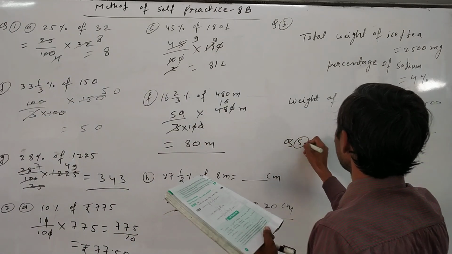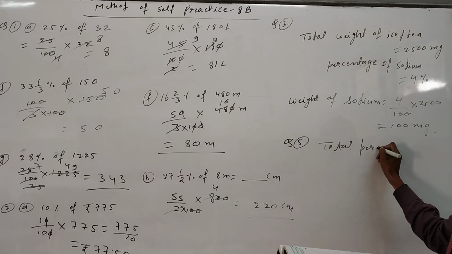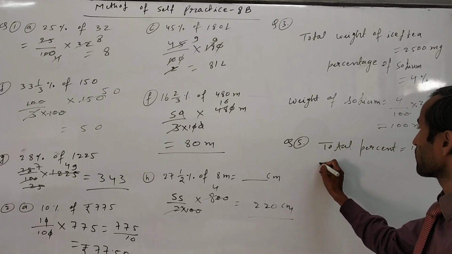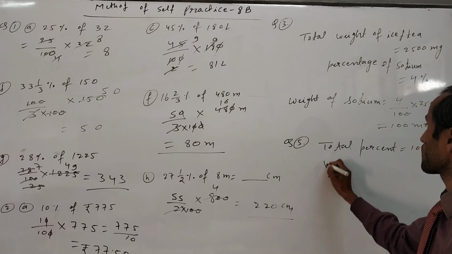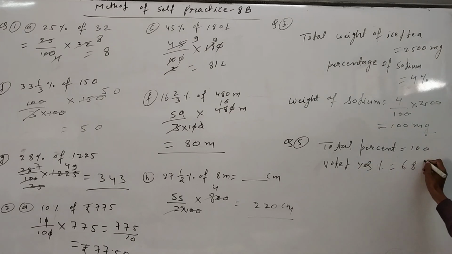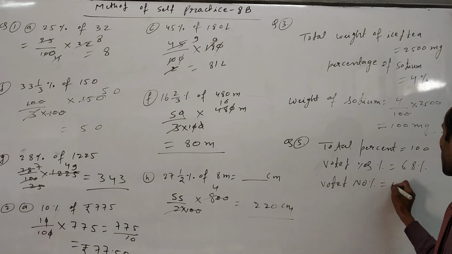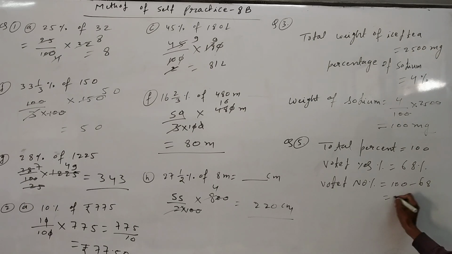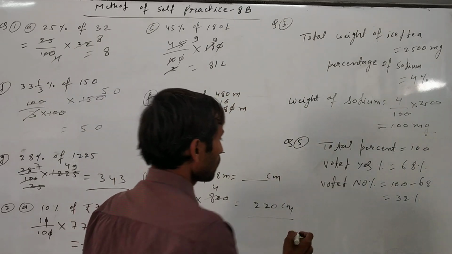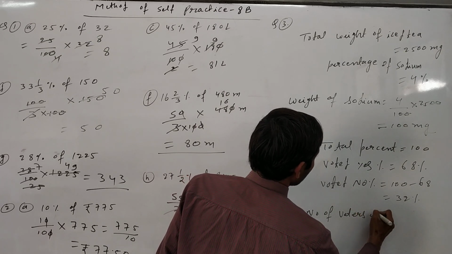Total percent is equal to 100, and voted yes percentage is equal to 68%, which is given. So what is the voted no percentage? We subtract 100 minus 68, it will come 32%. Okay, now we have to find 32% of this, how much will come. So the number of voters who voted no.